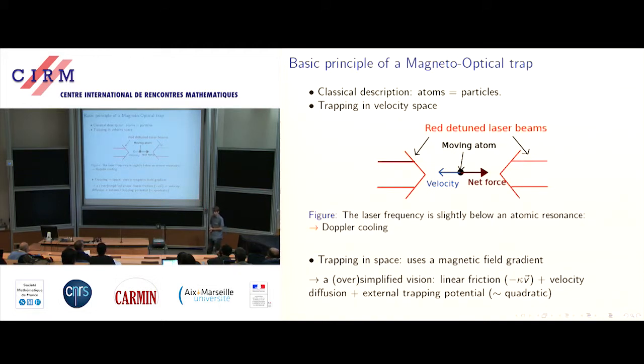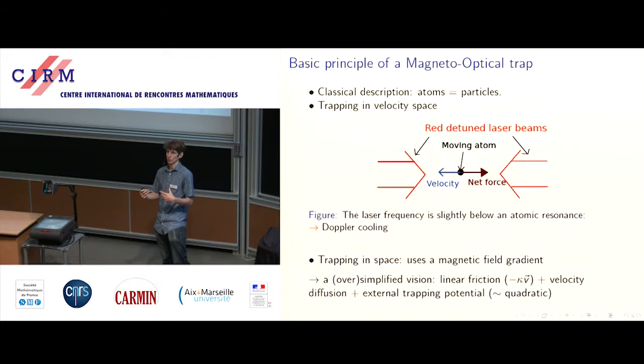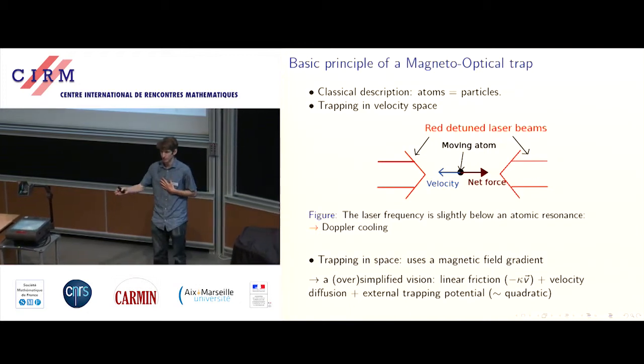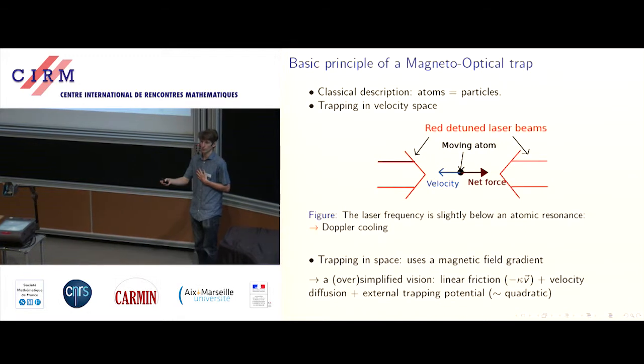That's not all. Imagine you have your atoms in your cloud and they're shined by the lasers, so they absorb a lot of photons. When an atom absorbs a photon, it will re-emit the photon in a random direction. If I'm the atom and I re-emit the photon in this direction, then I feel a kick in the opposite direction.